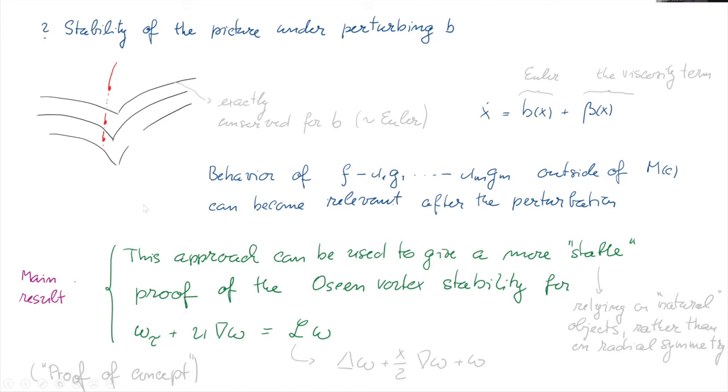So if we look at the stability of Euler and Navier-Stokes, eventually what we would like to show is the stability of this solution, which I was discussing in the beginning, in self-similarity variables, right? So that's not only Euler, but Navier-Stokes. If you go from Euler to Navier-Stokes, this very nice structure which you have in Euler, all this geometry, is slightly perturbed, so all these quantities are no longer exactly conserved.